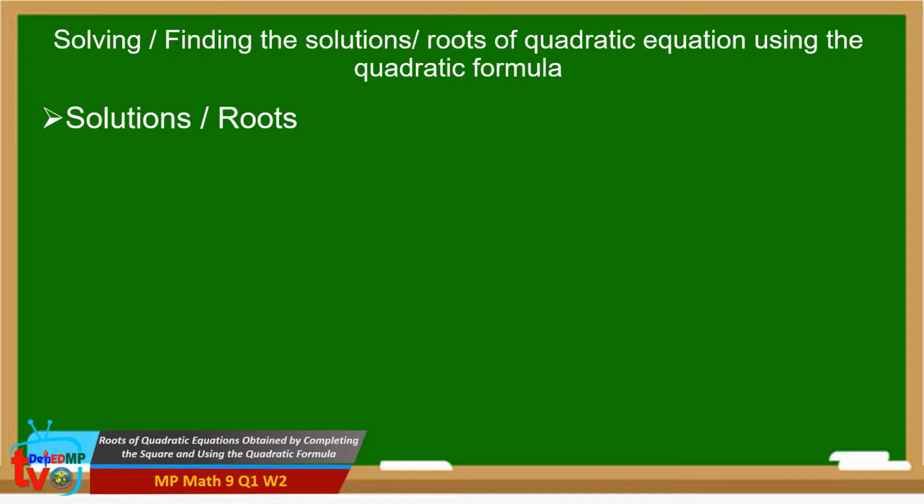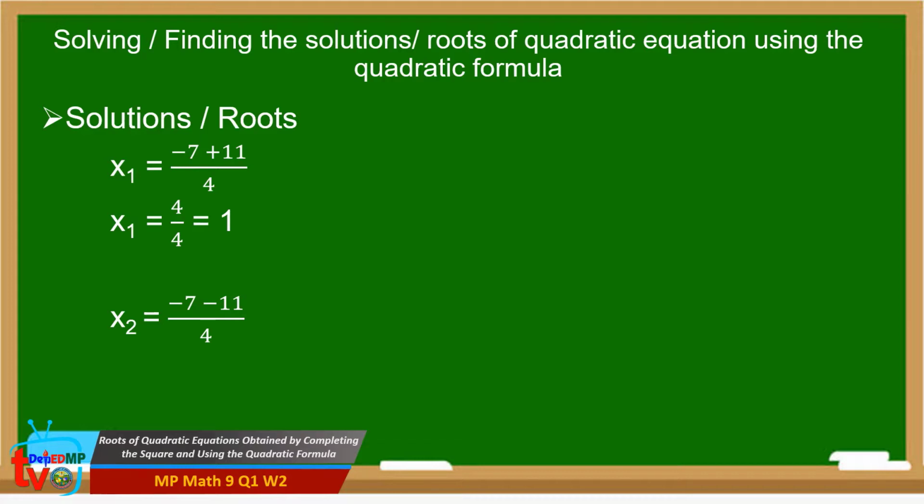From here, we find the roots. The first one is x is equal to negative 7 plus 11 all over 4. Then, add negative 7 and 11, which is 4. Then, divide 4 and 4, which is 1. The second root is x is equal to negative 7 minus 11 all over 4.